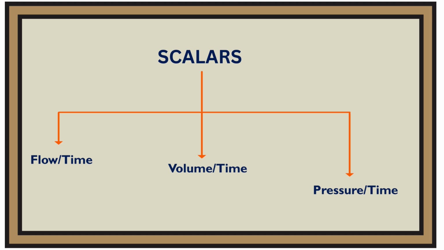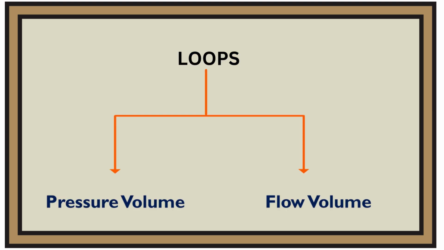These three scalars are generally referred to as flow curve, volume curve, and pressure curve. Loops are the two-dimensional graphic display of two scalar values. There are two loops available for interpretation. They are pressure volume loop and flow volume loop.